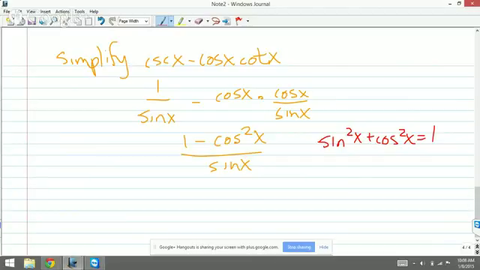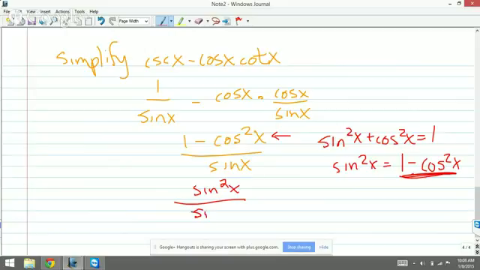If I subtract cosine over, I can see that now these match. So I'm going to substitute sine squared x for the top. That's what a lot of people get confused about, using this identity.